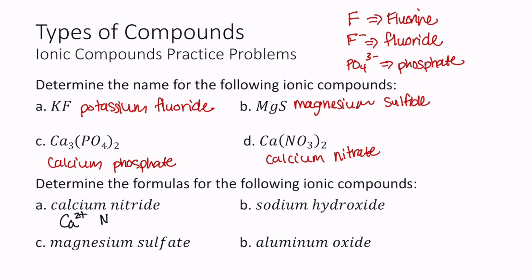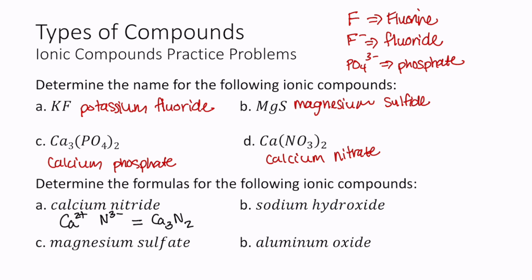Nitride is nitrogen. It is in group 5, so it's going to have a 3 minus charge. Now I can use the cross charge method, which means I'm going to put the 2 with the nitrogen as a subscript and the 3 with the calcium. So I will get Ca3N2.